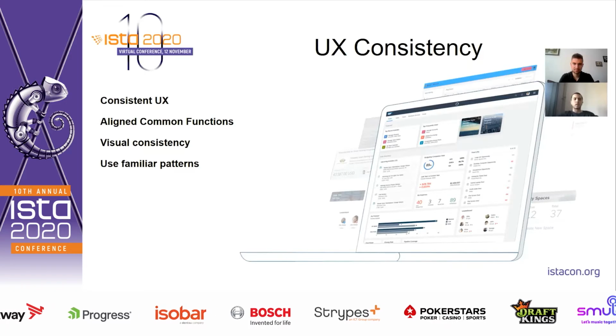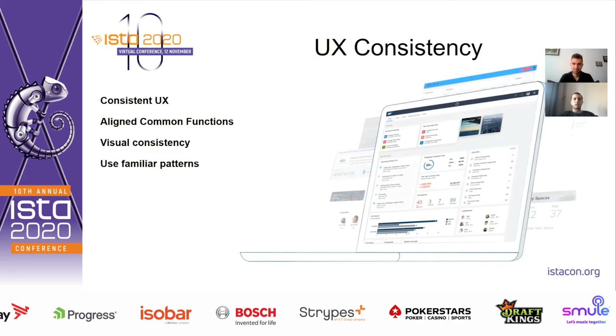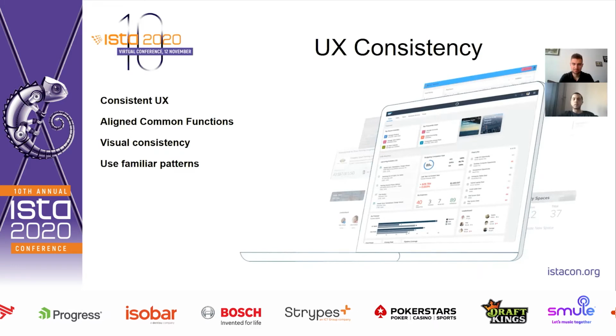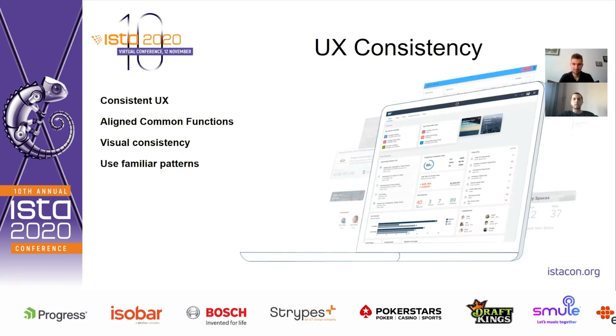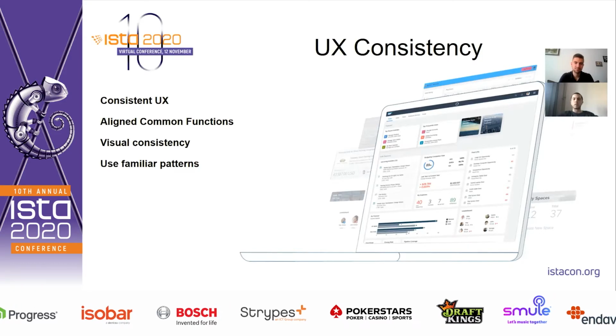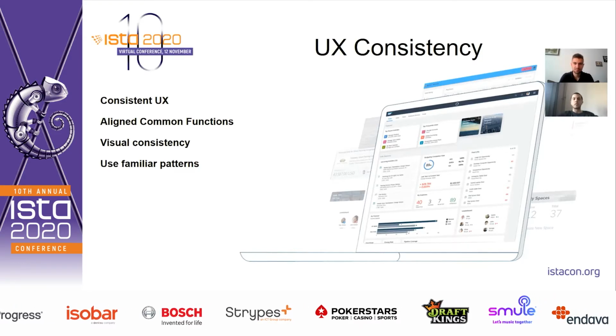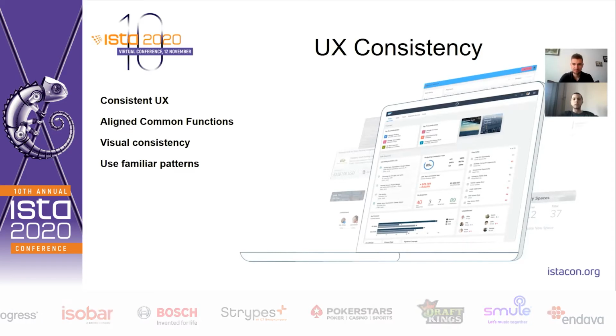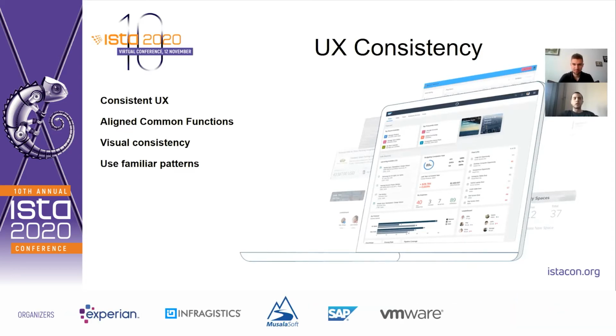After that, we should say that visual consistency is something that is very useful for the users of such systems, because when people see something familiar, it is very useful for them to get used to the application very fast. And this is literally the last part: the familiar patterns.